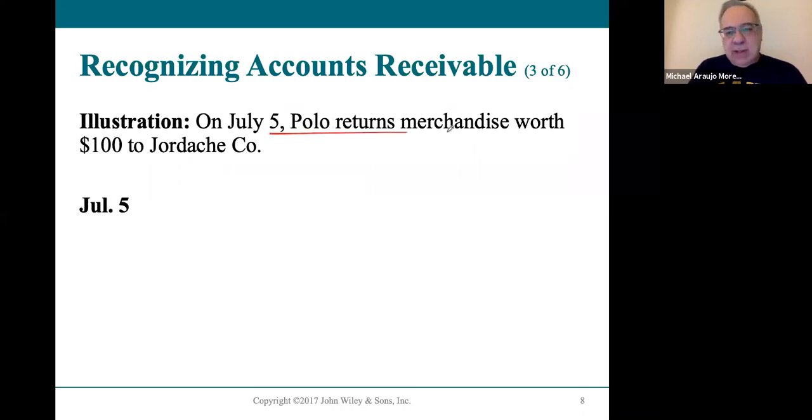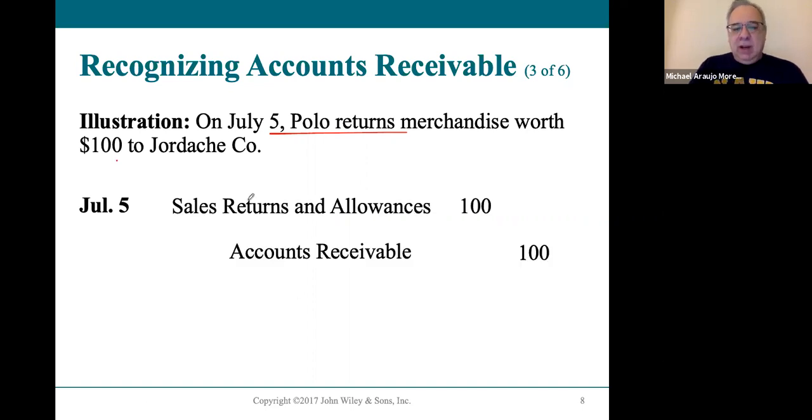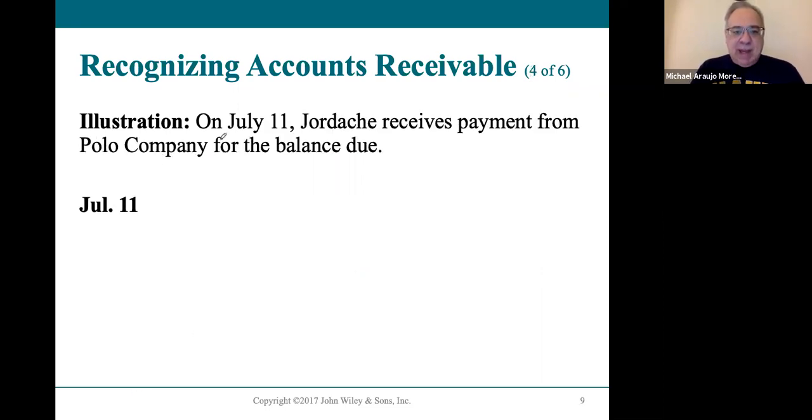Again, returns are just part of life in a merchandising company. And here, Polo returned $100 worth of stuff. And so they're going to need to debit sales returns and allowances, but look where they credit. They take that away from receivables, so receivables would be changed by this as well. And then, of course, when it does come time to pay, if they pay within that 10-day period, they're not going to be collecting every single penny of receivable, right?